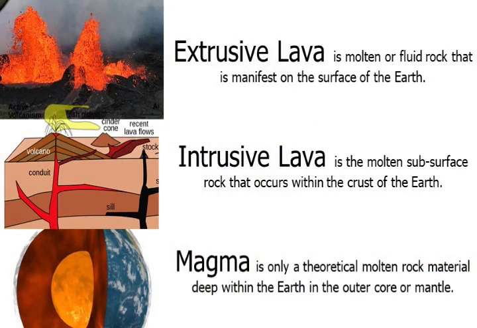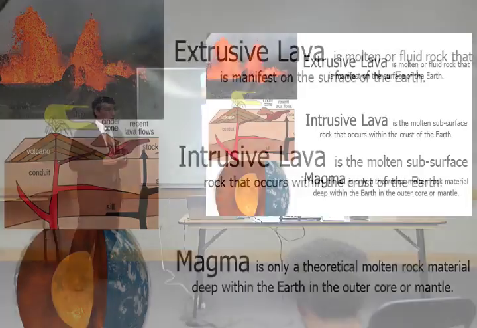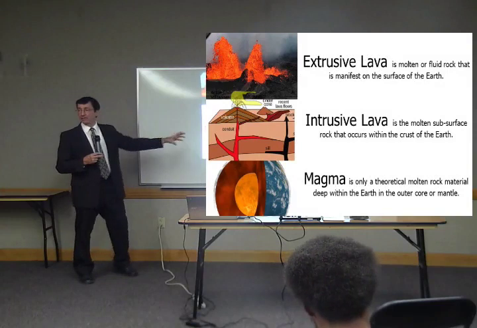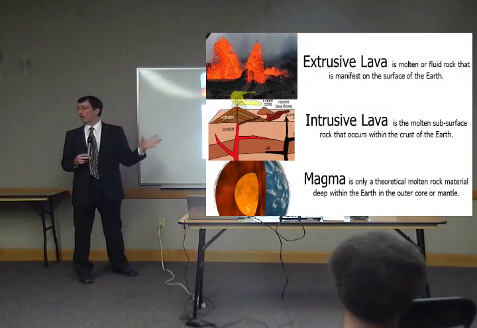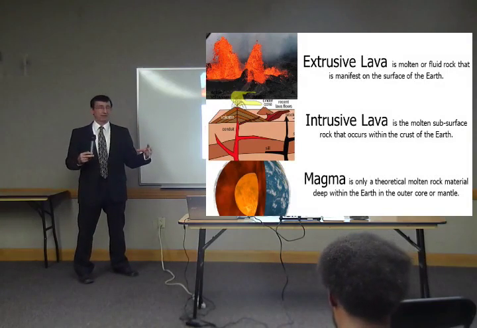But magma goes all the way down in and around the center of the Earth. And so that is only theoretical. It's molten rock material deep within the Earth in the outer core or the mantle. And that's because they're saying that the entire Earth was a molten ball of magma.